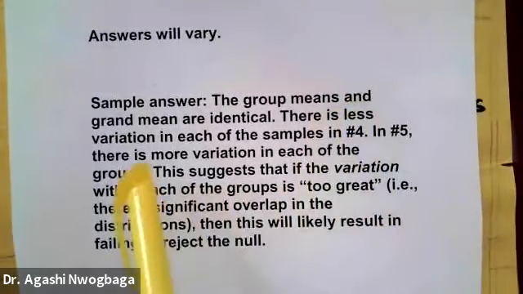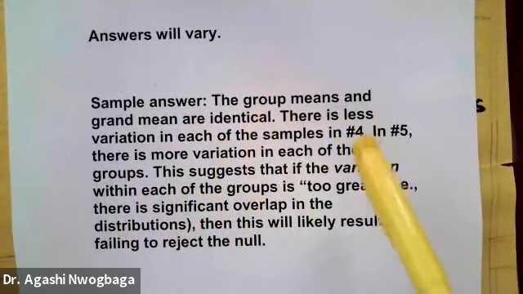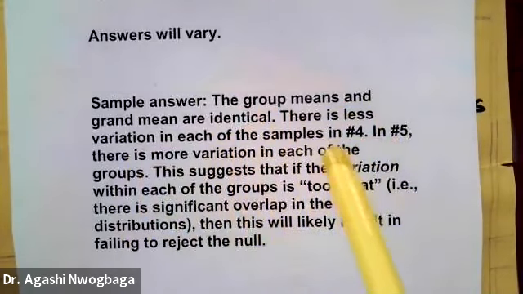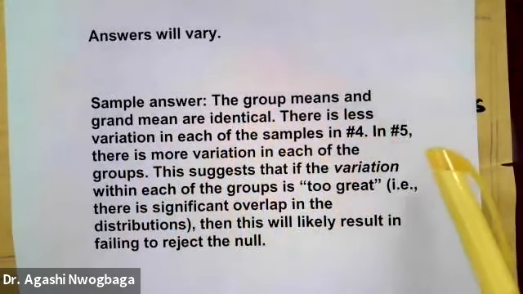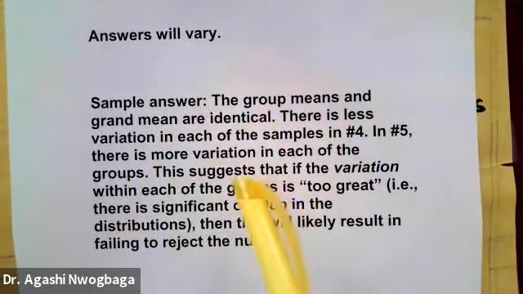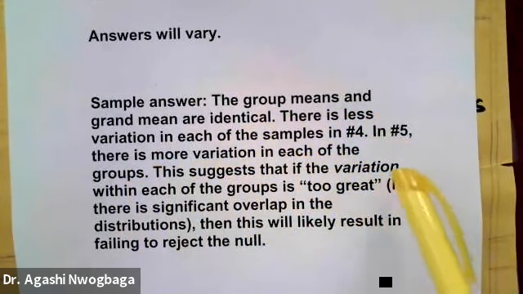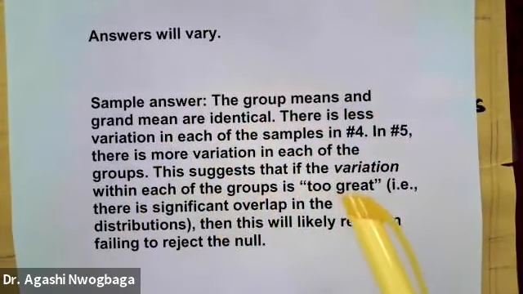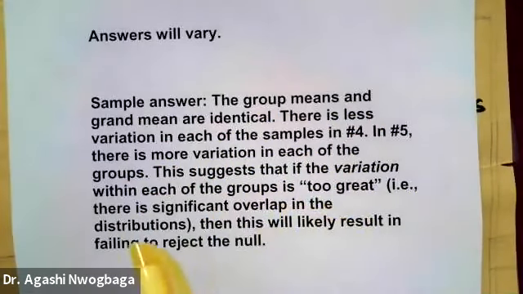The group means and the grand mean are identical. There is less variation in each of the samples in number 4. In number 5, there is more variation in each of the groups. This suggests that if the variation within each of the groups is too great, that is, there is significant overlap in distributions, then this will likely result in failing to reject the null hypothesis.